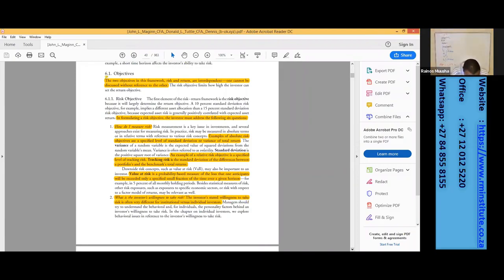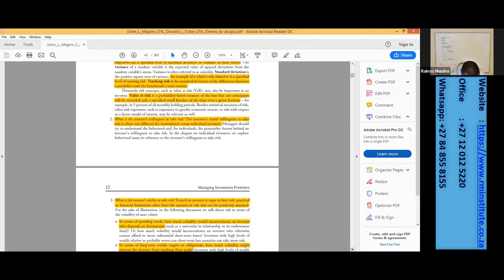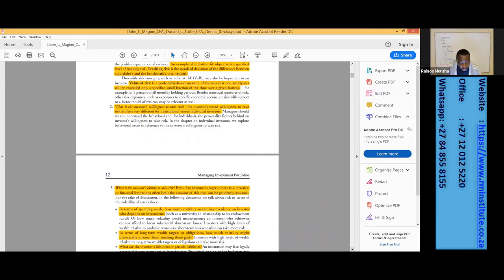Then the second question you have to answer when it comes to risk objective is, what is the investor's willingness to take risk? The investor's stated willingness to take risk is often very difficult for institutional versus what? Individual investors, mainly because for institutional investors, the assumption is that they are professionals.